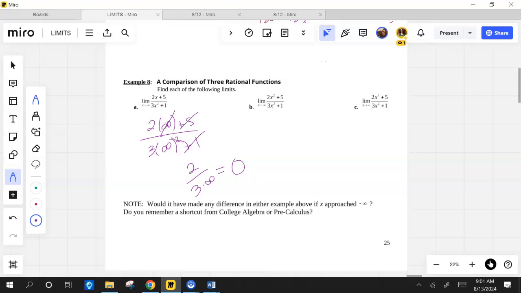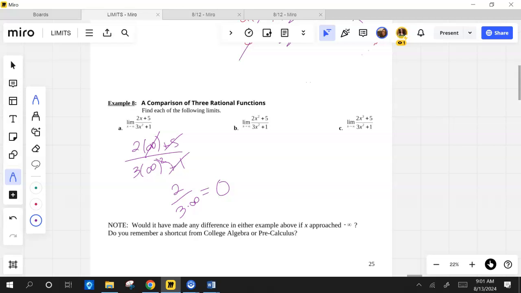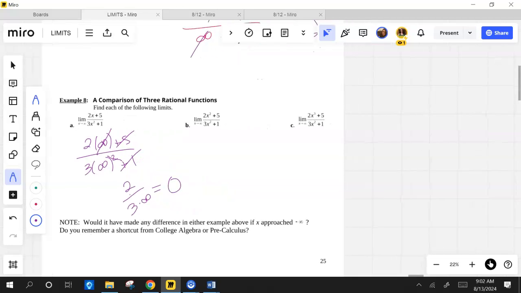Watch this one. Because if infinity's in the bottom and there's no infinity in the top, it's going to 0 every time. For B, your infinities are going to cancel out here and just give you 2/3.